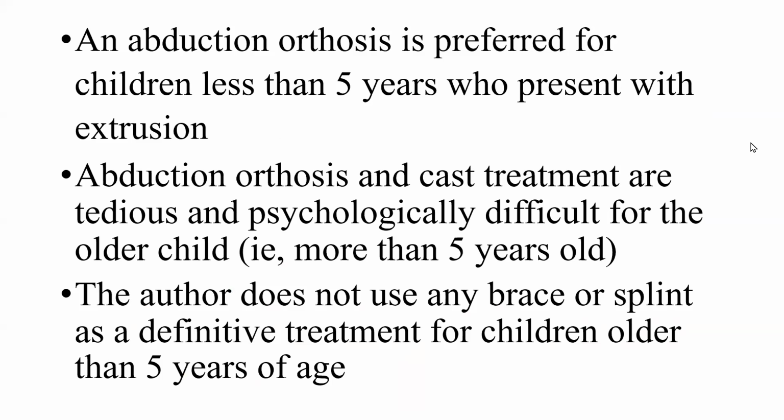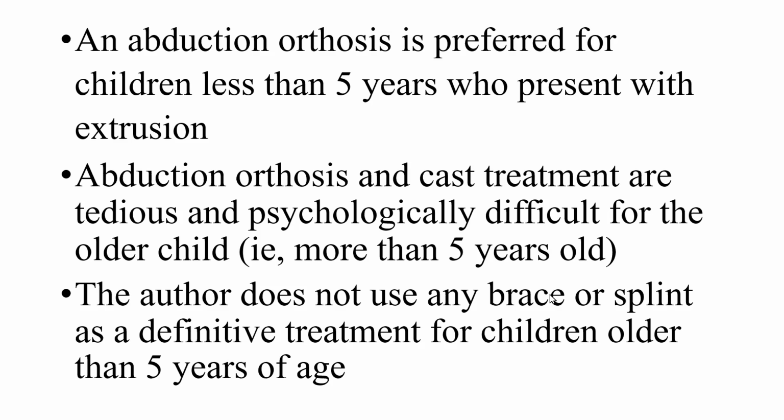An abduction orthosis and cast treatment are tedious and psychologically difficult for the older child. More than 5 years: the author does not use any brace or splint as a definitive treatment for children older than that.